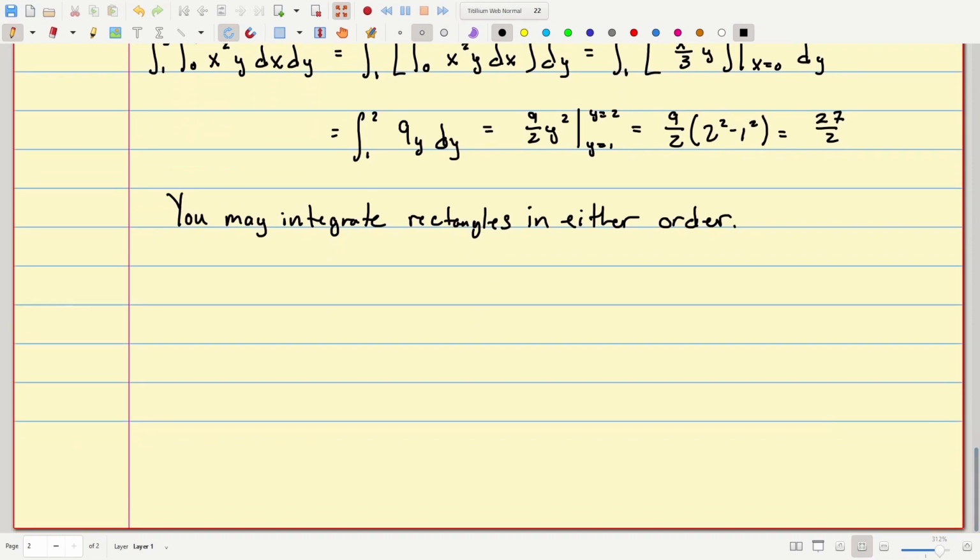In fact, this theorem that I mentioned has a name. It's called Fubini's theorem.